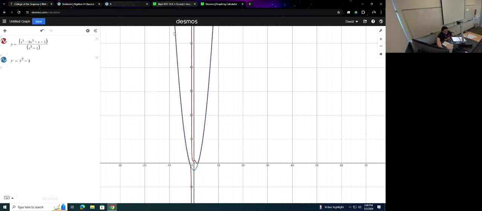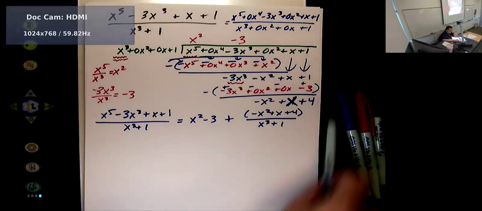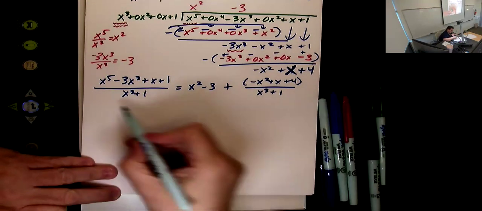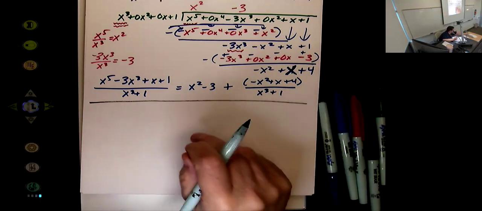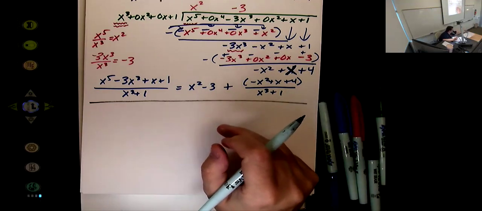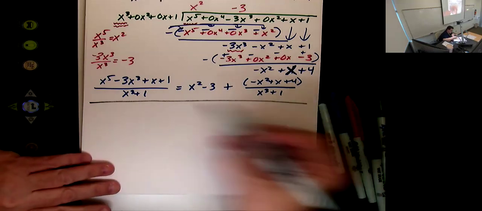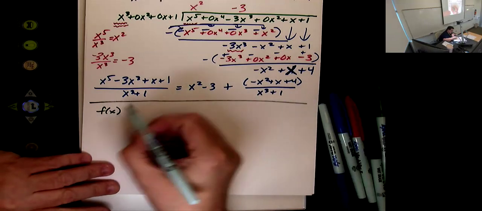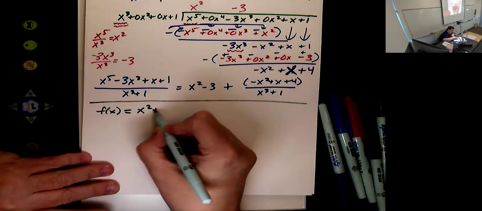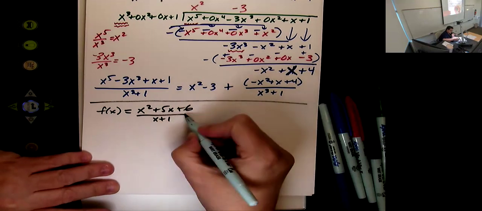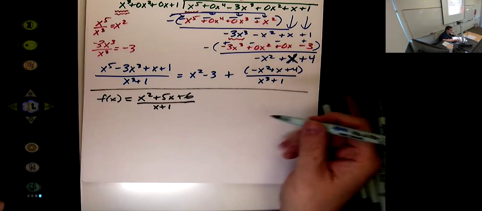All right, something else I wanted to talk about for today was sign charts. We've done them before. I'm going to use the function we started off with: x squared plus 5x plus 6 over x plus 1.